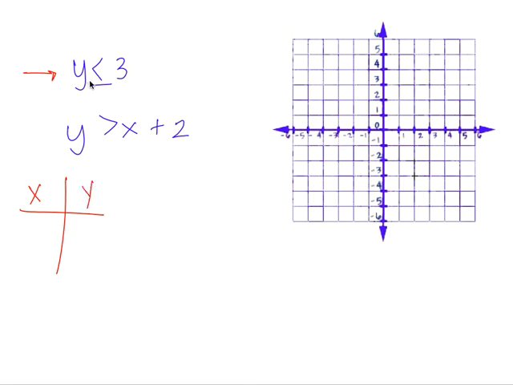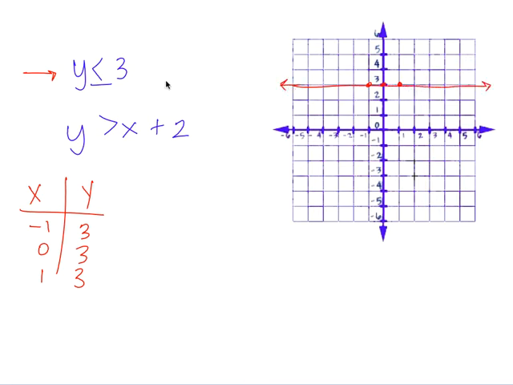So remember, if we have y is less than or equal to 3, I'm going to plug 3 in all the way down my table. I'm so sorry, I'm not going to do zeros for my x's. I'm going to do -1, 0, 1, and then I can graph those 3 points. Since it's equal to, I'm going to do a solid line.